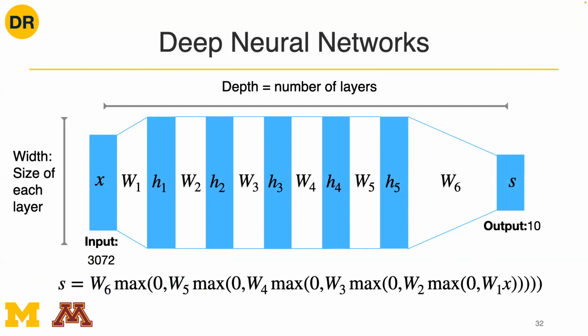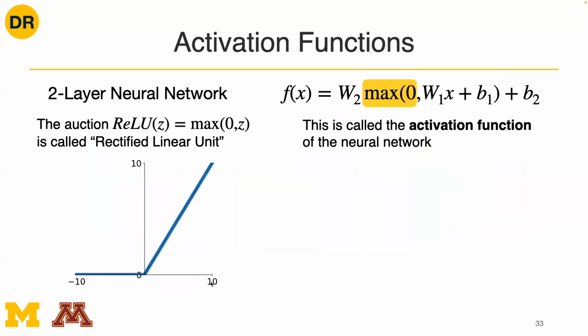And so you can see why we would want a visual representation: as we keep adding features and layers, the algebraic form becomes more and more complex, and it can be harder and harder to convey the idea within a particular architecture if you're describing it algebraically. Okay, so one important thing that we should talk about, which we mentioned, is this notion of what we were calling an activation function.